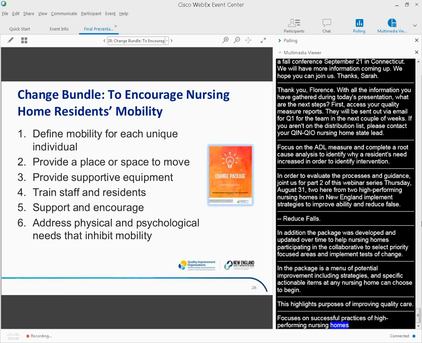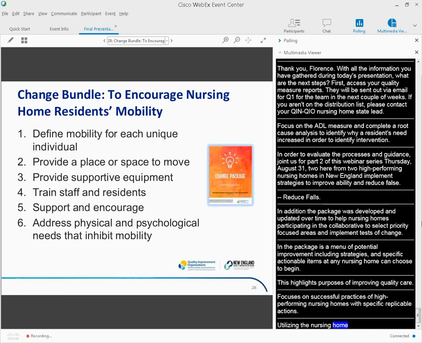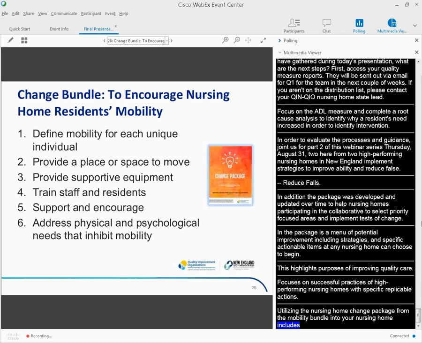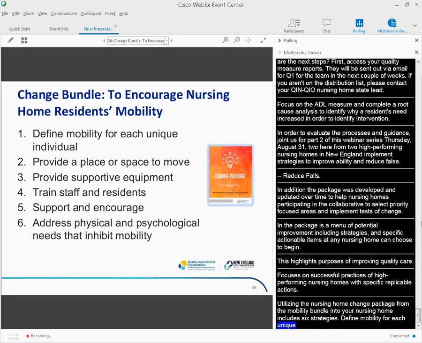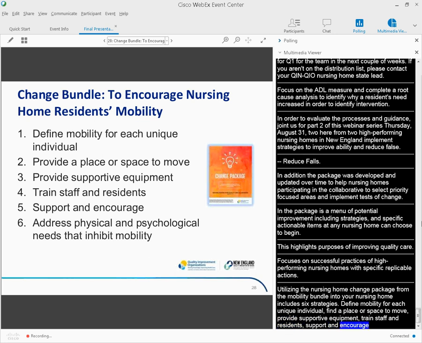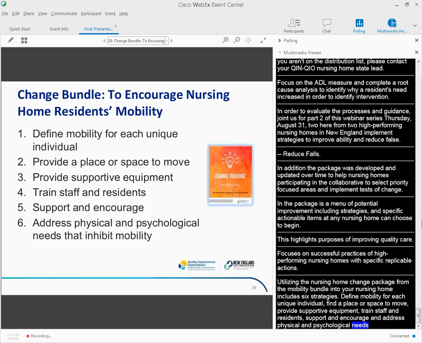So utilizing the nursing home change package and applying the strategies from the mobility bundle into your nursing home, the change bundle includes 6 strategies: define mobility for each unique individual, provide a place or space to move, provide supportive equipment, train staff and residents, support and encourage, and address physical and psychological needs that inhibit mobility.